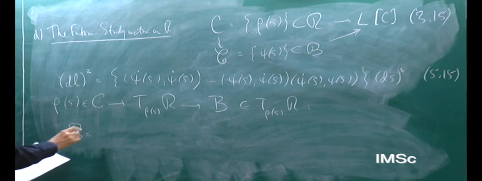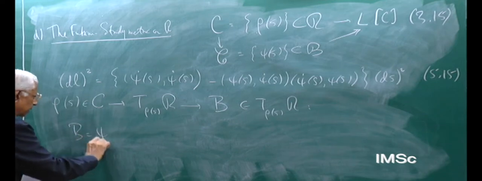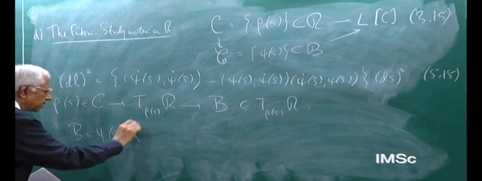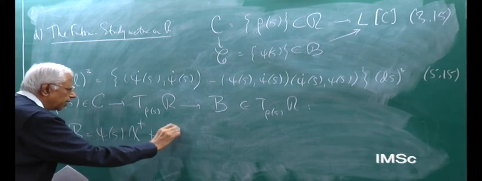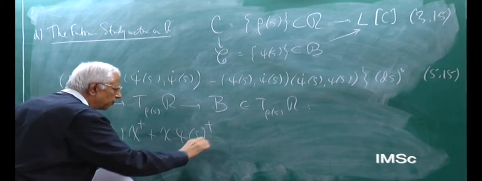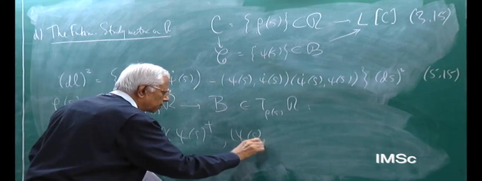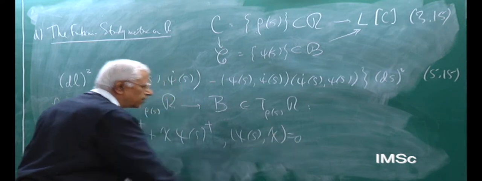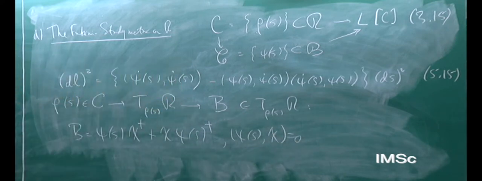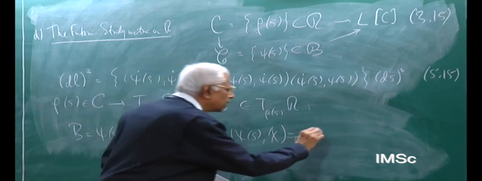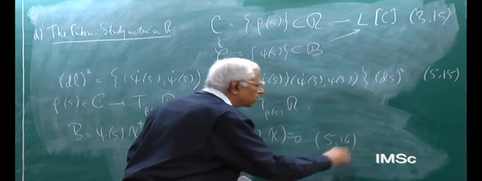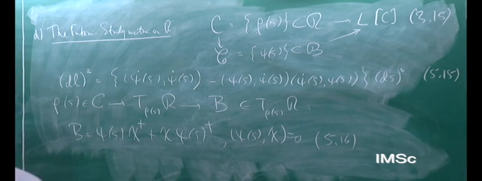B has the form, in the operator sense, psi of s chi dagger plus chi. This was one of the three forms in which I wrote elements in the tangent to the ray space. So this would be a general element of the tangent to R at this point.